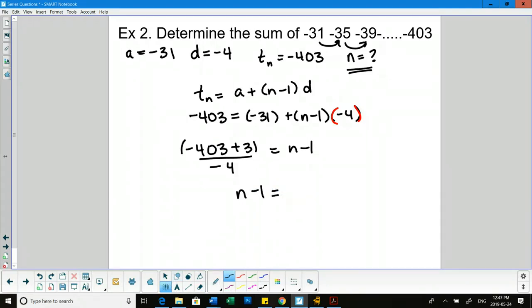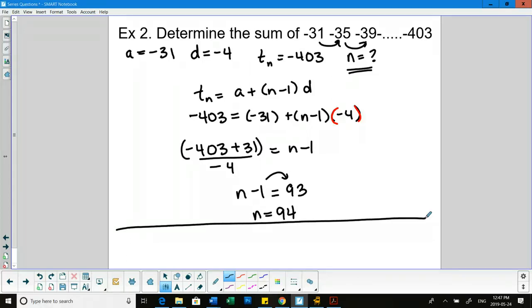Okay, so if you're entering this into your calculator, we'll want some brackets around that top part there. Okay, what'd you guys get for n minus 1? Okay, so when we move the 1 over, we have 94 terms in our sequence, or series, or whatever. Same thing. So now I know what I'm trying to find the sum of. I'm trying to find the sum of 94 terms.